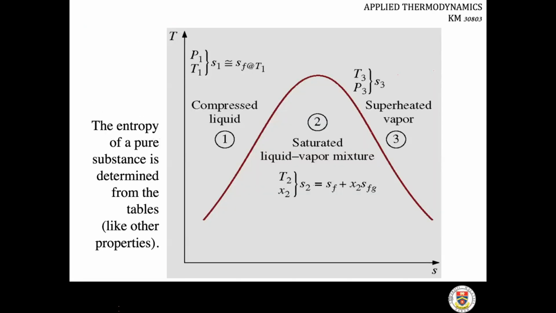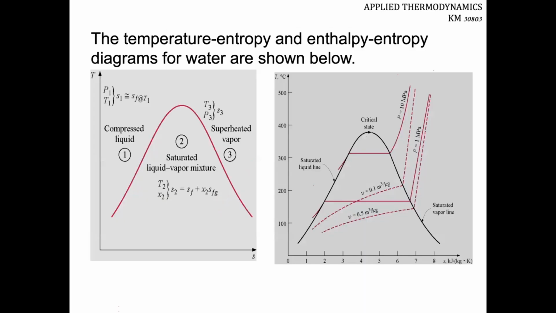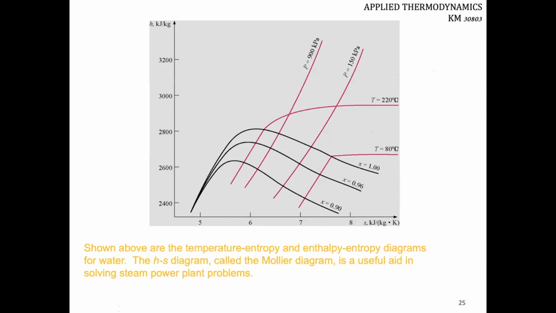If you look at the picture, this is an entropy versus temperature plot. Entropy is very important. You can find the enthalpy, and you can even determine the temperature in the process and the properties of the gas. This is a temperature-entropy diagram for water. I'm sure you learned this before. I will further explain it when we need it in the next class.